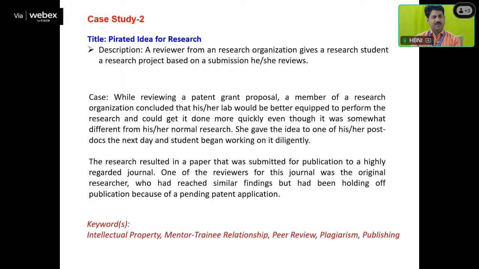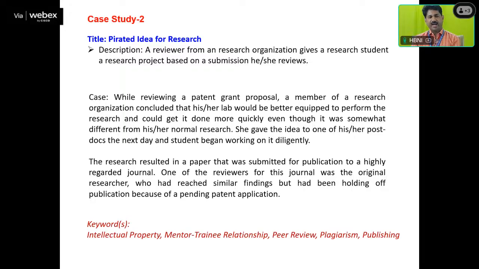So the case is, while reviewing a patent grant proposal, a member of the research organization concluded that his or her lab would have been better equipped to perform the research and could get it done more quickly, even though it was somewhat different from his own normal research.